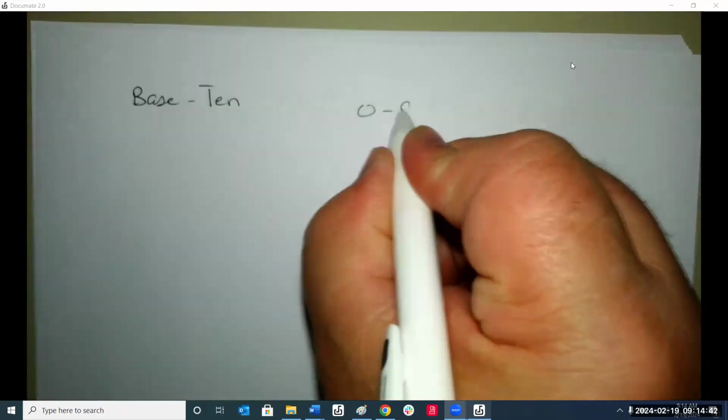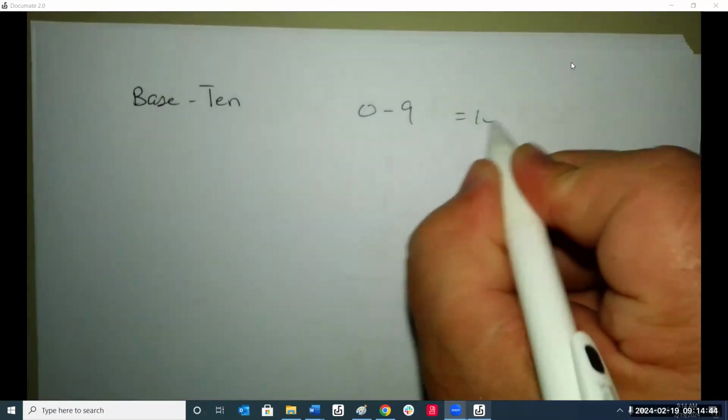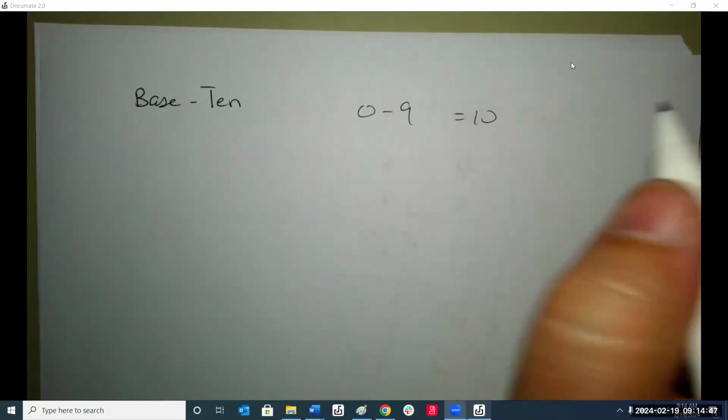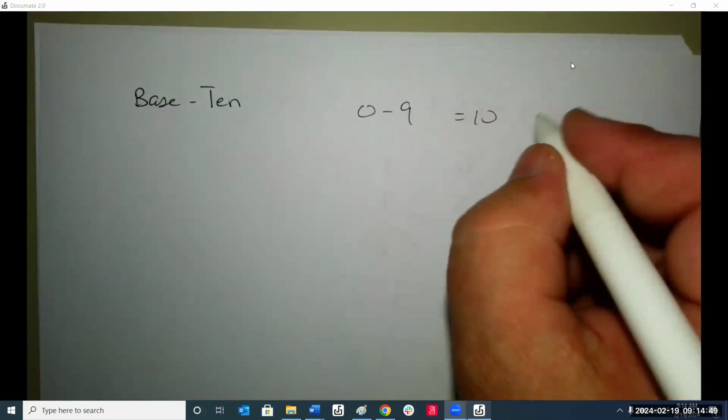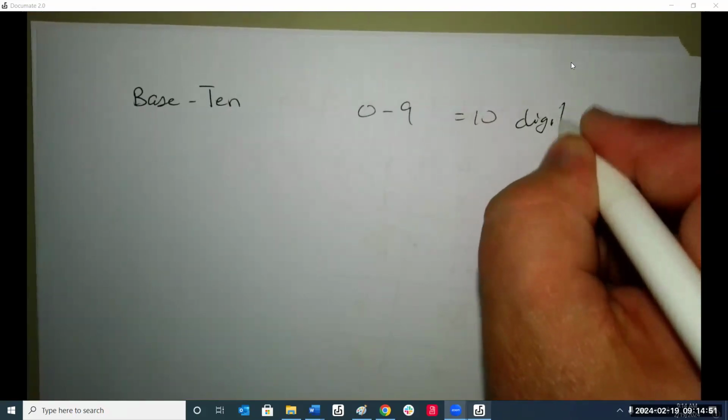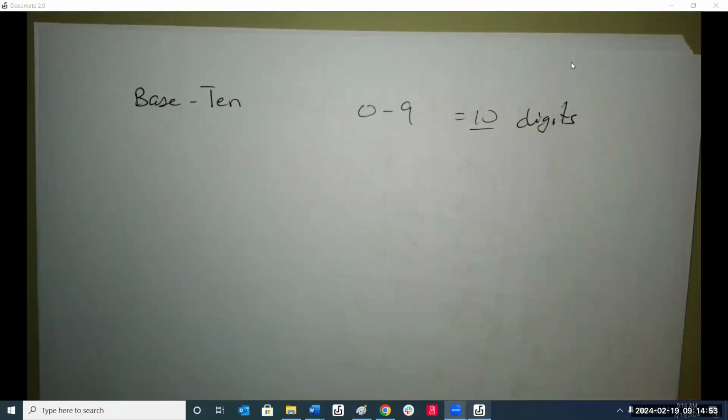All right. Our number system is called base 10. We're the base 10 system because we go from 0 to 9, which is 10 numbers, and we have 10 digits, which is what we call these numbers. We have digits.